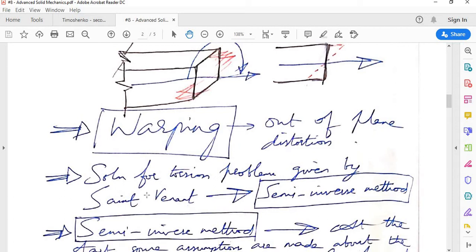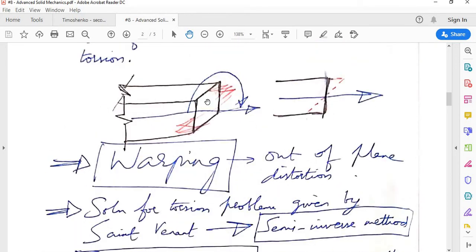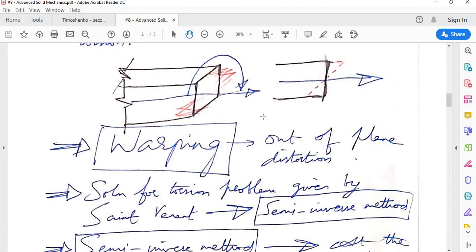He made a lot of contributions in solid mechanics, and even in the Timoshenko textbook which we are referring to now, you will see many references to the work carried out by Saint Venant. Saint Venant found the accurate solution for a general cross section bar subjected to torsion, which includes the effect of warping as well.